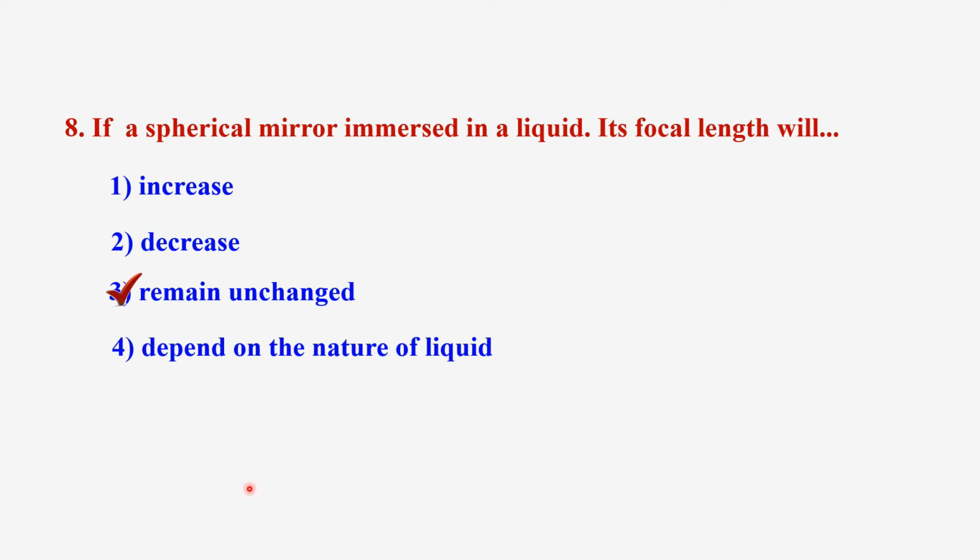It is so because the focal length of the mirrors does not depend on the external medium in which it is held. So that's why if the spherical mirror is immersed in a liquid, its focal length remains unchanged. Nothing but focal length remains the same. Okay. Next.